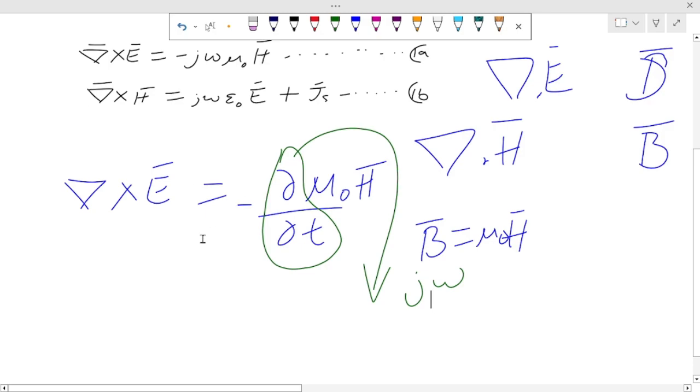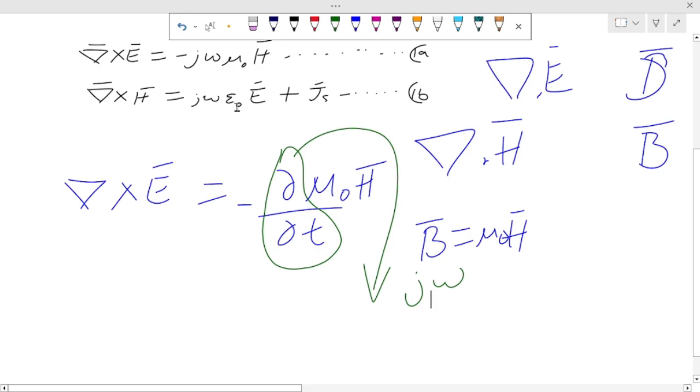Then for this other one, the curl of a magnetic field is j omega times the electric field and how it responds to it, which is the permittivity, plus the current density. This one is permeability, this one is permittivity of free space.